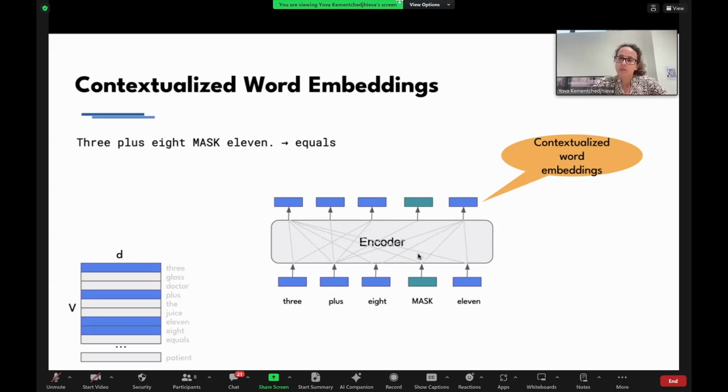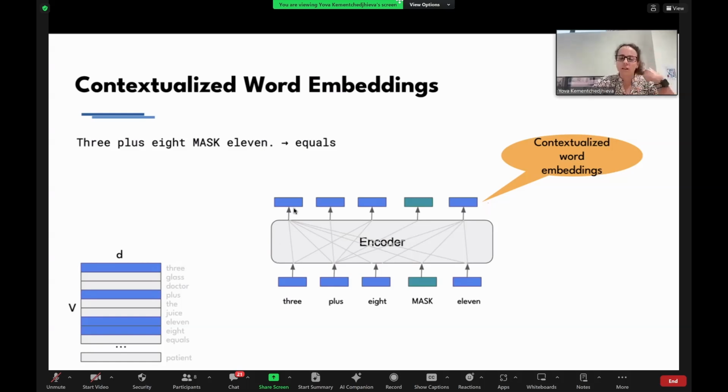And this encoder will contextualize these embeddings with respect to one another. And actually next week, you will learn what is the most common architecture used these days for that and how that works exactly. For now, I will just leave that as a black box and talk about the output of this encoder, which is a set of contextualized word embeddings.